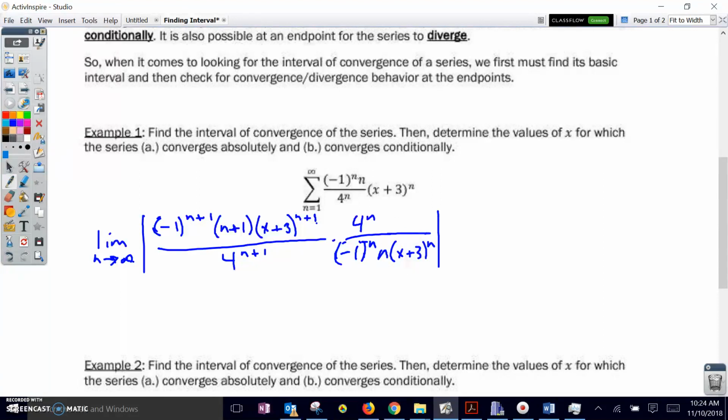Okay, and simplifying this turns into the limit as n goes to infinity of the absolute value of -1 times the quantity x plus 3 all over 4 times n plus 1 over n. And as n goes to infinity, this portion approaches 1. So in reality, this turns into the absolute value of x plus 3 over 4.